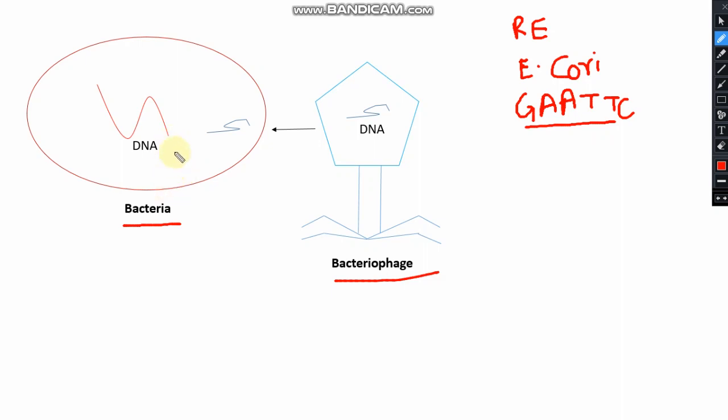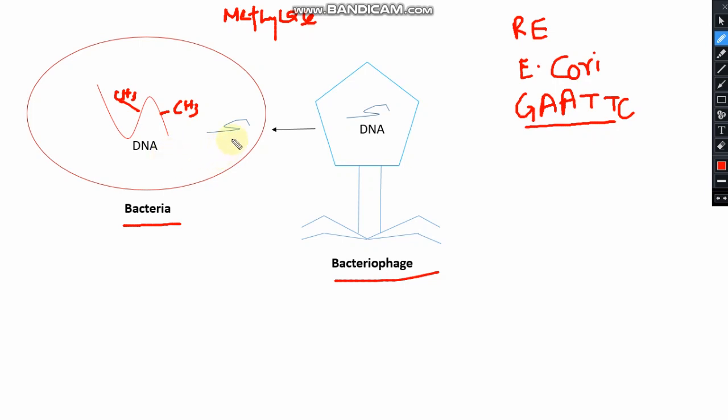So that's why they have their own system. What they do is they have the methylase enzyme, and the job of this enzyme is to add a methyl group to their own DNA. So they add the methyl group to their own sequence, and this is how the restriction enzyme distinguishes the foreign DNA and the own DNA.